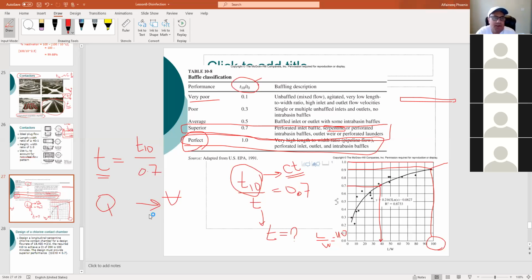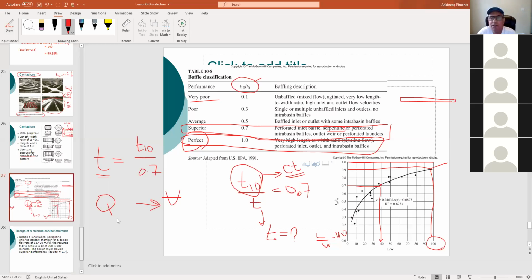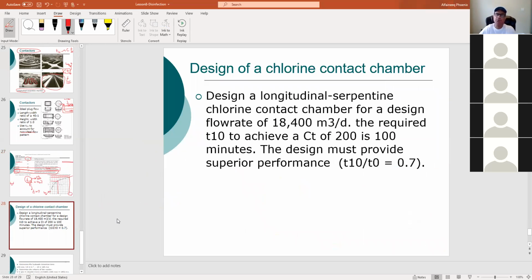Okay, guys, now you know the rest of the story. Go ahead, try to design this, please. Q is given, here it is, that's your Q. The required T10 is given here, all right? They decided to go with a CT equal to 100. This is what's required for inactivation in that place, in that water, all right?